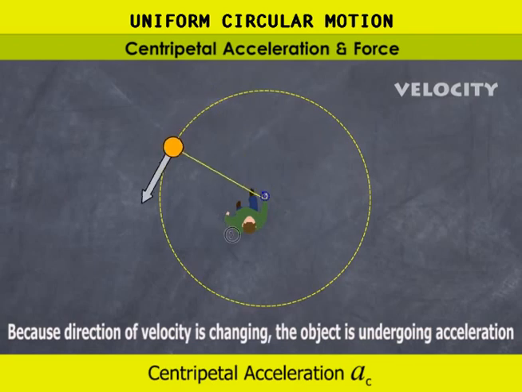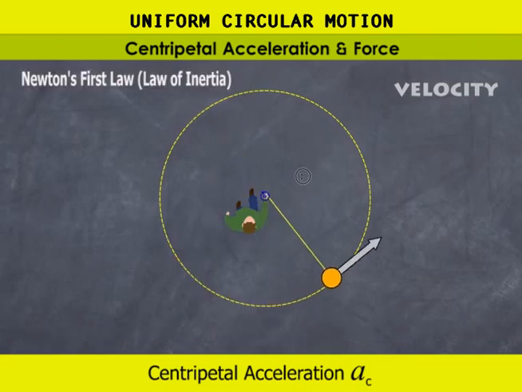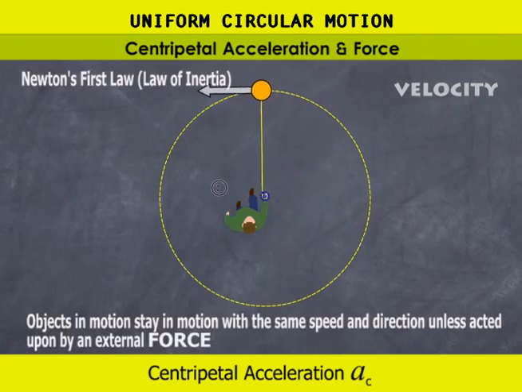If you recall Newton's first law of motion, that is the law of inertia, objects in motion stay in motion with the same speed and same direction unless acted upon by an external force. Now in our case, the velocity is changing in direction, and that means there is a force acting on the body.